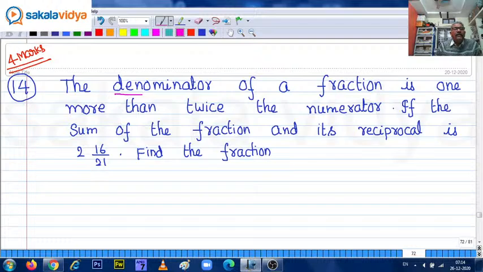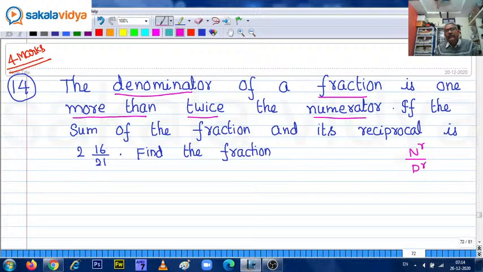See, the denominator of a fraction is 1 more than twice the numerator. So first of all, the fraction will be like this: numerator by denominator. Second, what is the condition here? Denominator of a fraction is 1 more than twice the numerator.